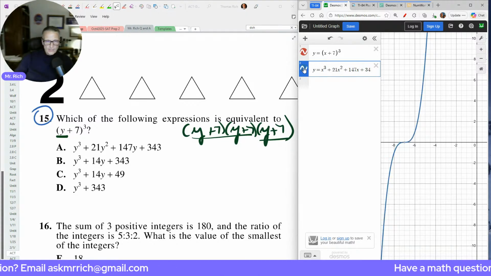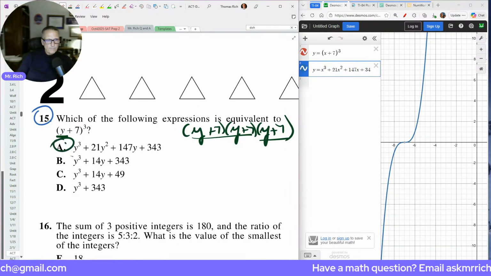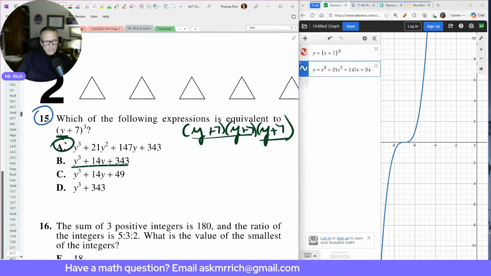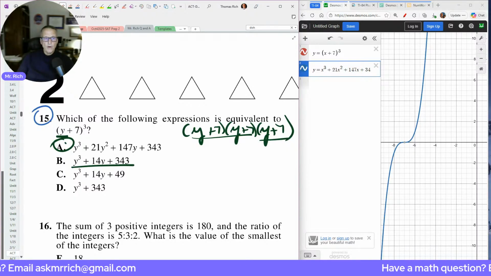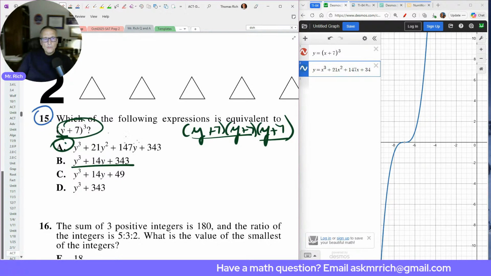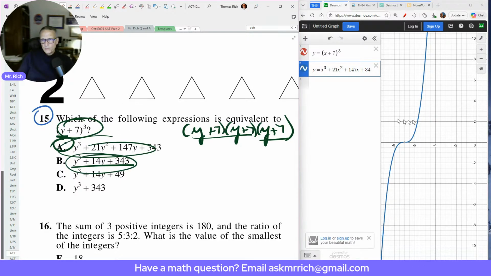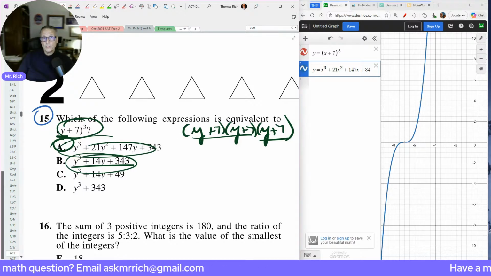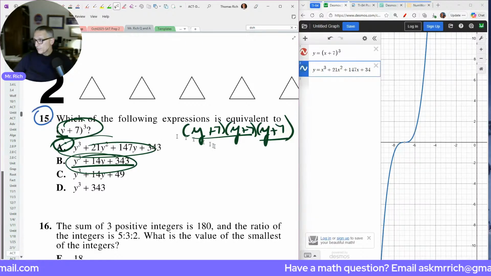And so that is a perfect match right there. If it didn't match, well, then I could have come up and edited this second line to be the next possible answer choice and see if that was a perfect match on the graphs. So again, on equivalent expression problems, graph it as a function, graph each one of the answer choices, and be looking to see which of your answer choices produce a graph that is perfectly overlapping the original expression.